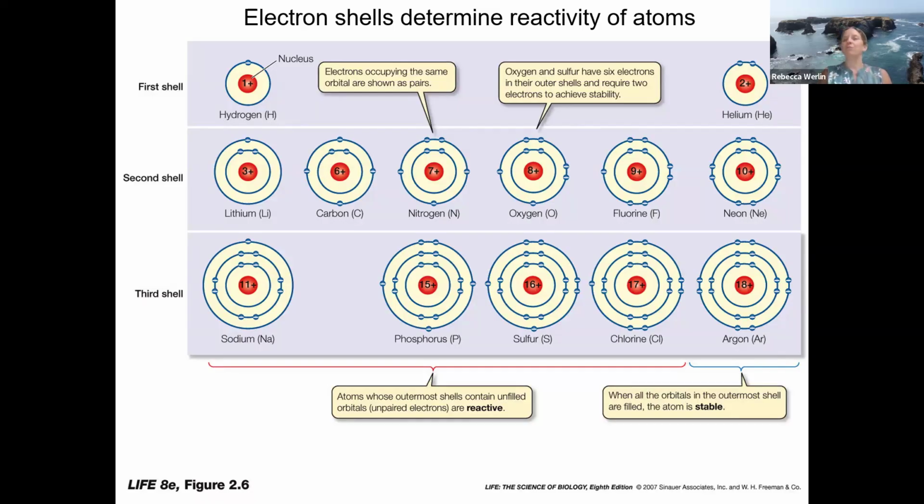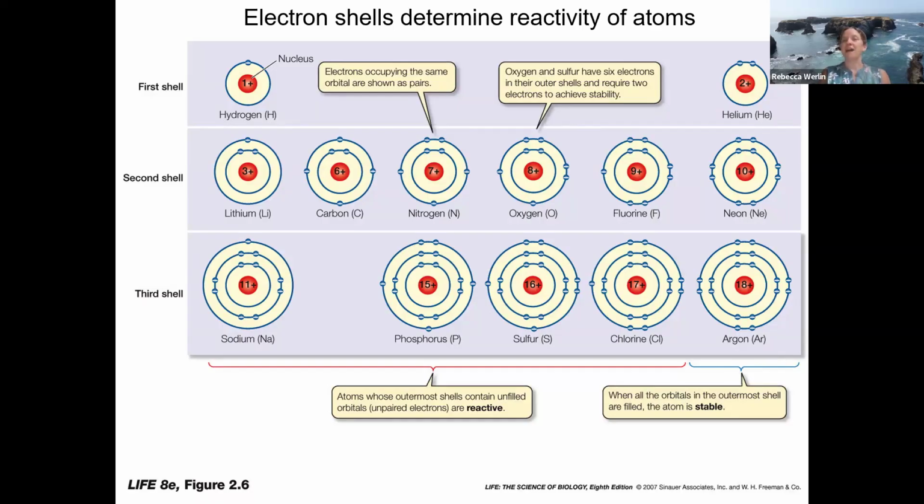So oxygen will essentially look for 2 more electrons to have an outer valence shell of 8. And as you can see here in the diagram, oxygen and sulfur have 6 electrons in their outer shells and require 2 electrons to achieve stability. And that's really what all atoms for biology want to do.